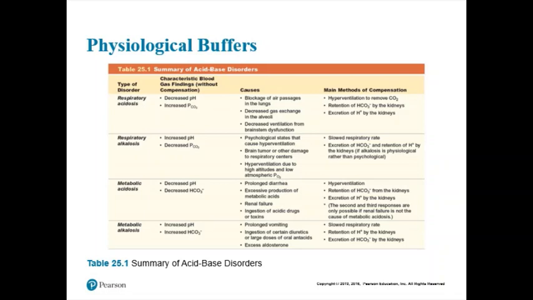If it's respiratory alkalosis, it's because of a low CO2. And then there's the metabolics. Metabolic acidosis, again, acidosis, so low pH. And it's metabolic because you either have too much acid or low bicarbonate. And metabolic alkalosis is because of a high bicarbonate level, causing your high pH. So make sure you know these differences and the differences you're going to see in your pH, bicarbonate, and possibly carbon dioxide levels. And that's the end to chapter 25.